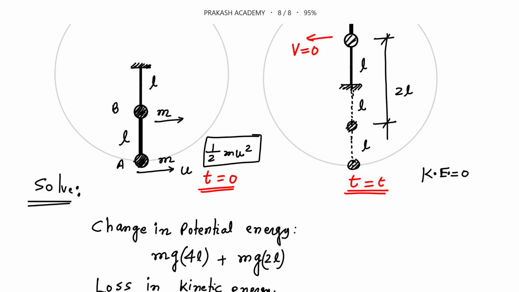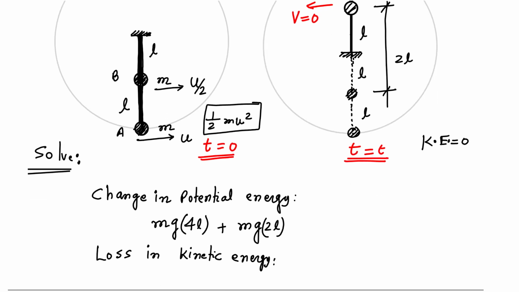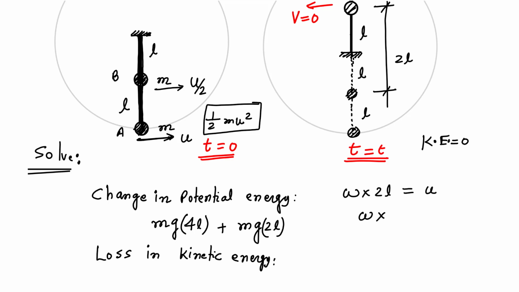This will be u by 2, because this is moving in a circle of 2L and this is moving in a circle of L, and omega has to be constant. For this mass, omega times 2L is equal to u. This means omega times L is equal to u by 2, and omega times L is nothing but the velocity of this mass.